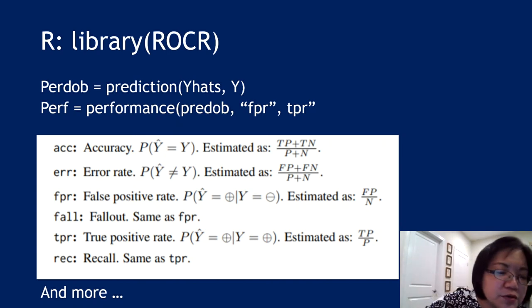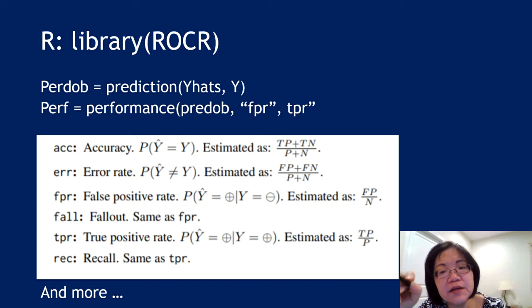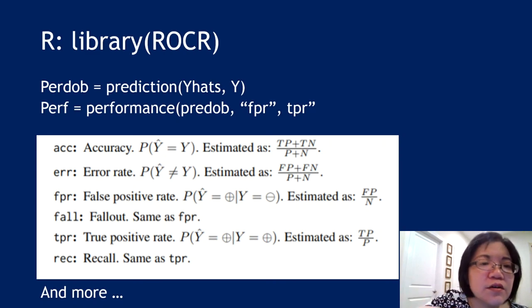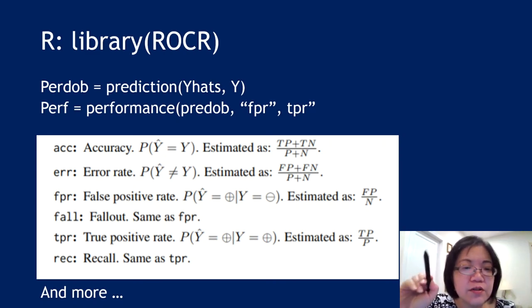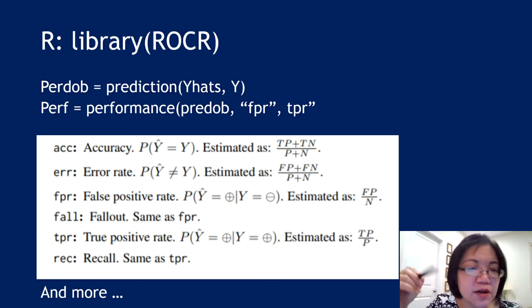There are many, many more. There's like another page of options. So many different performance measurements that you can use to construct alternative ROC curves. So you can do whatever you want. You just have to keep in mind what performance metrics you have chosen. You have to interpret your ROC curve accordingly.